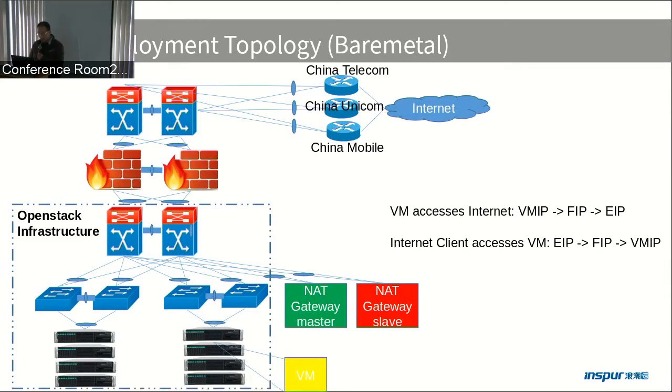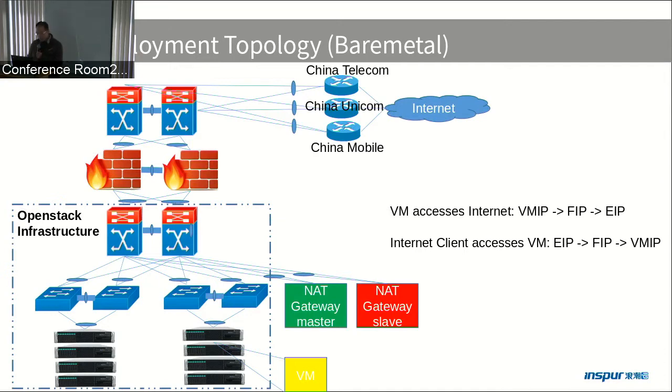Actually, every NAT gateway node has two interfaces to connect to core switches. One is the ingress interface, another is the egress interface. Every interface can be bonded. We use bonding to do hardware failover.